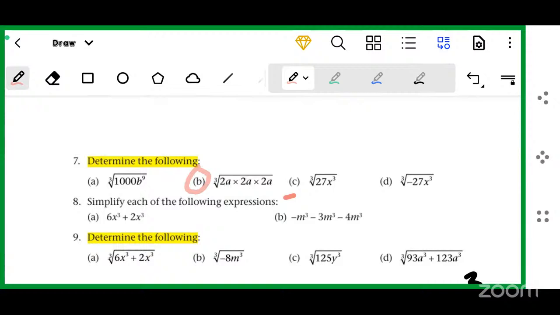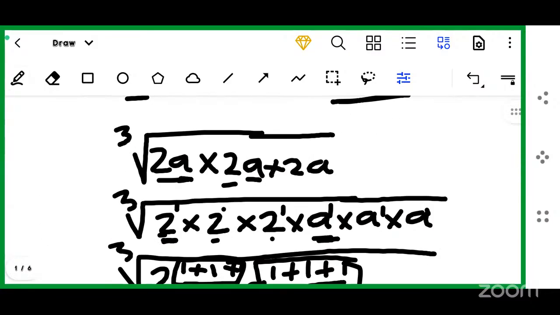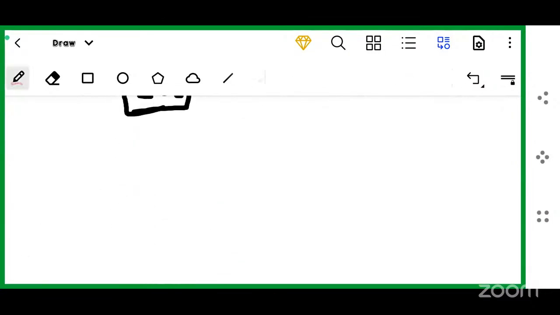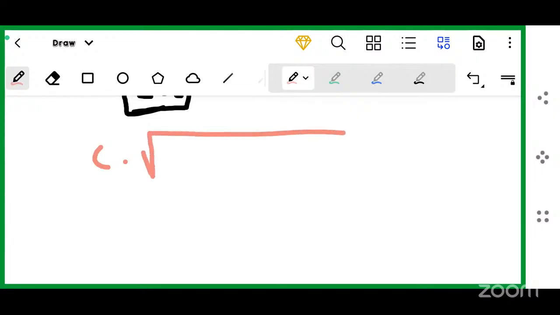Ma'am. Yes. For C, right, ma'am? Yes, for C, yes. Okay, ma'am, we say cube root of 27, cube root of x to the power 3. Okay, cube root of x to the power of 3.